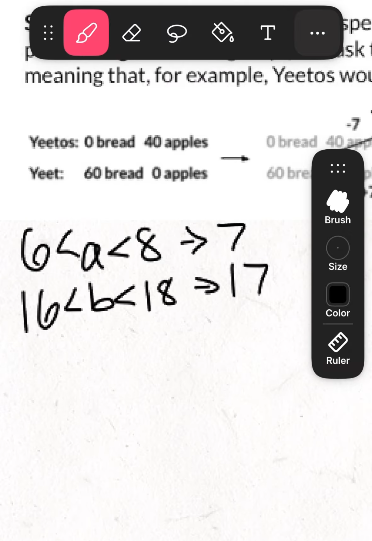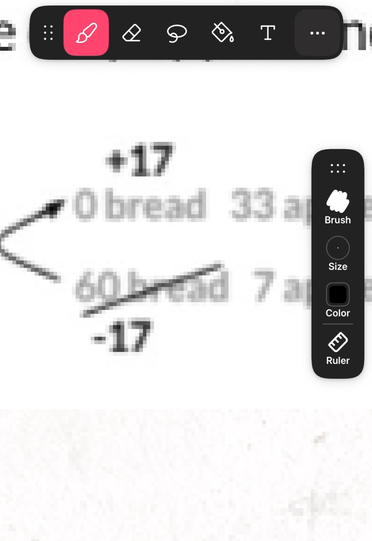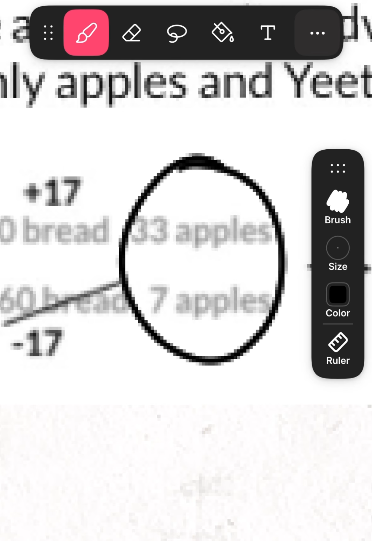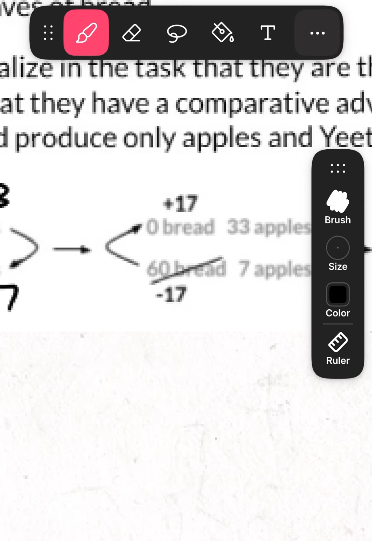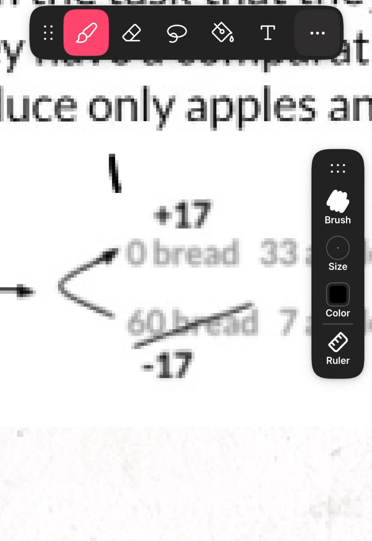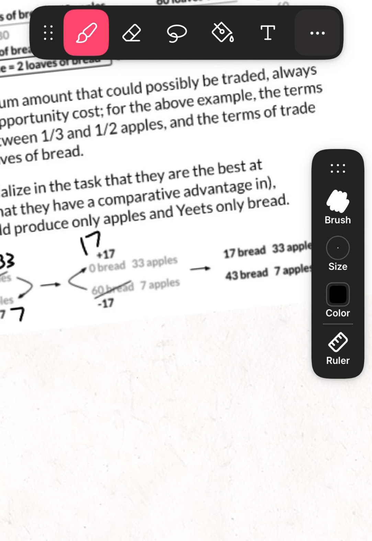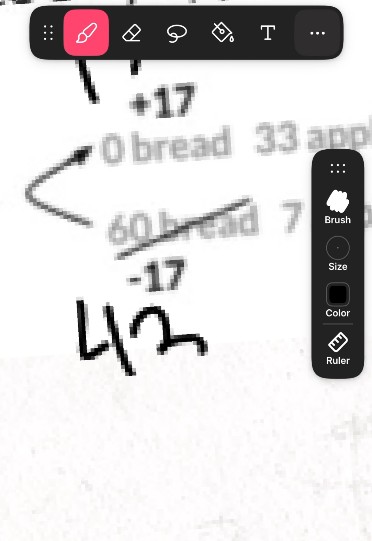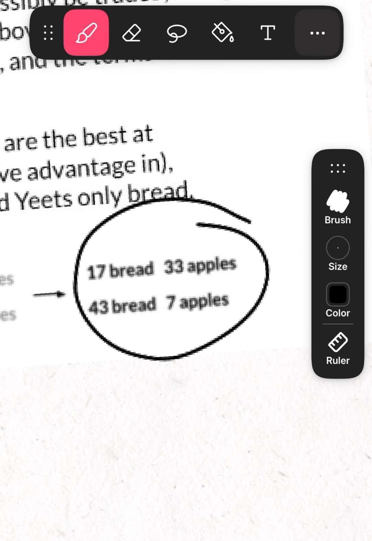Now, Yeet is going to trade 17 pieces of bread to Yitos in exchange for the 7 apples that he got. So Yitos is going to have 17 pieces of bread, and Yeet is going to have 43 pieces of bread. And that's going to end up looking like that.